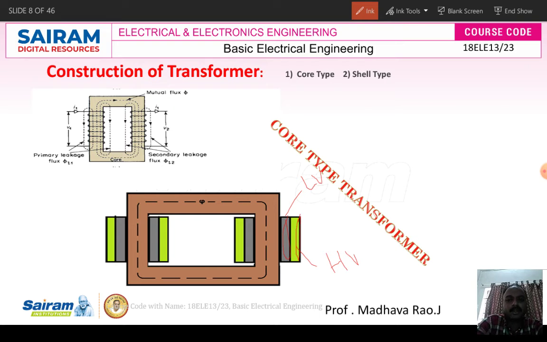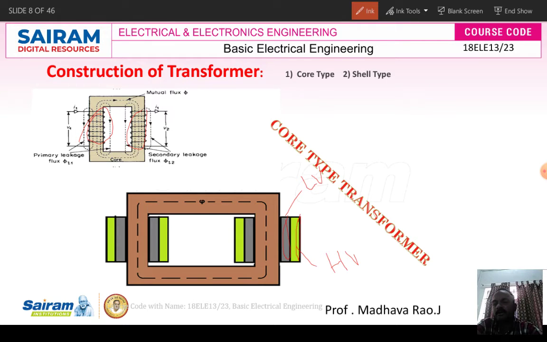The core type transformer consists of two limbs. The vertical portion is called the limb, and the horizontal portion is called the yoke. Both the vertical portion and the horizontal portion together are called the core of the transformer. Here the core type transformer has a primary winding and a secondary winding placed on both the limbs.